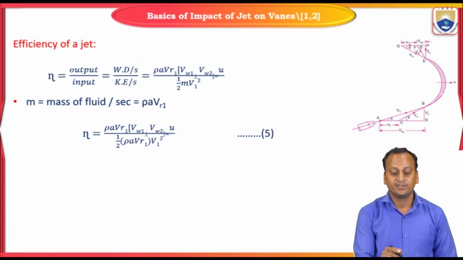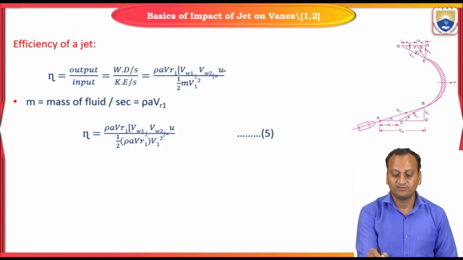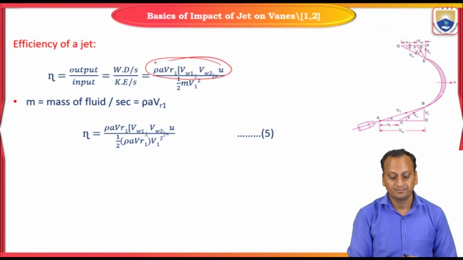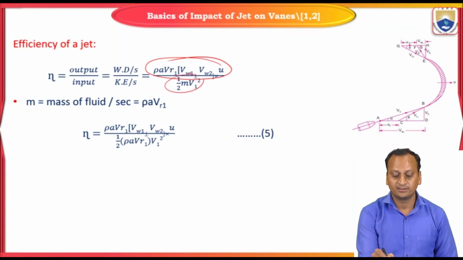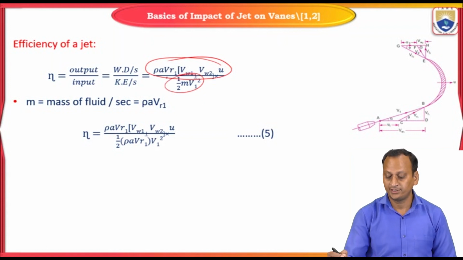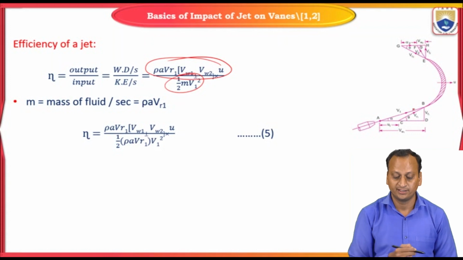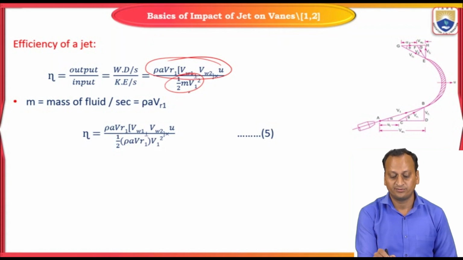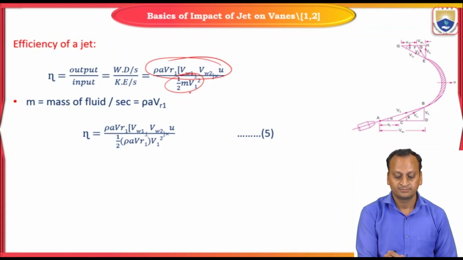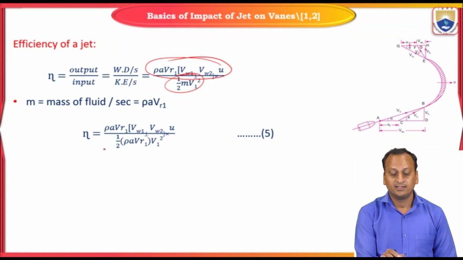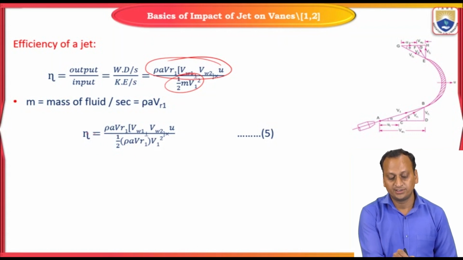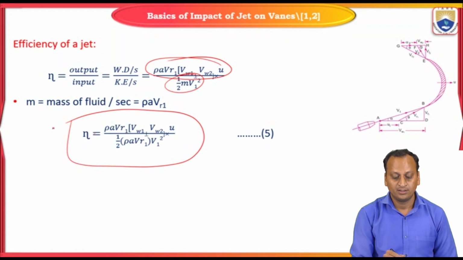The efficiency of a jet is output by input. We know the output is rho A VR1 (VW1 plus or minus VW2) into u. This we have derived, and the input is half m v square. Only in the form of kinetic energy are we giving the input. Therefore, half m V1 square. In the simplification, efficiency is output by input.